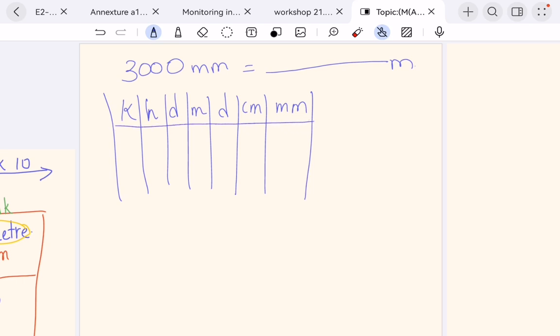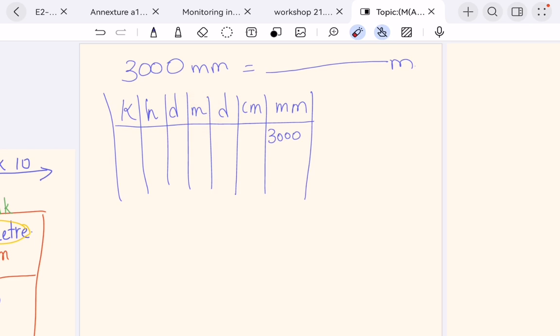What do I have here? I have got 3,000 millimeters. Now, I want to convert my 3,000 millimeters into meters here.